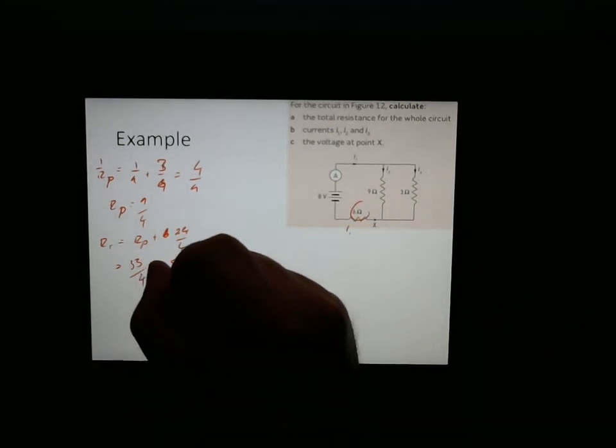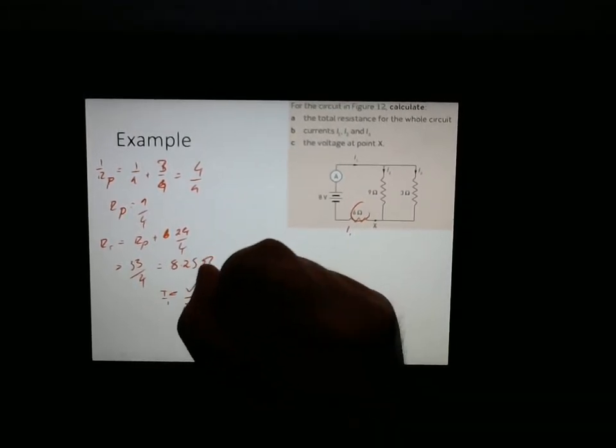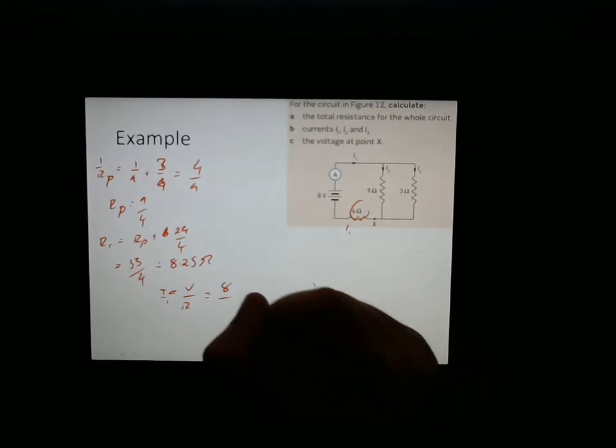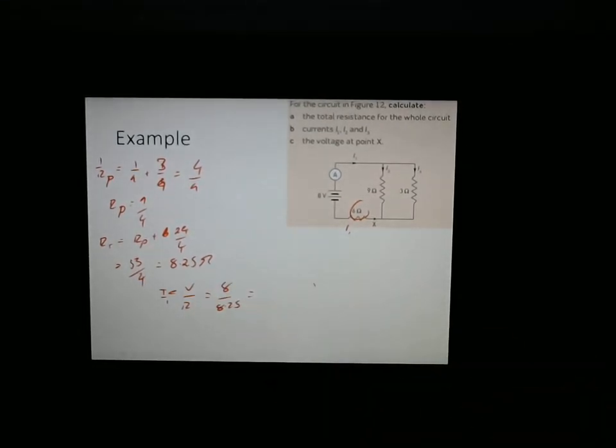So current equals voltage over R, current 1 equals 8 over 8.25. So that's going to be a bit under 8 divided by 8.25. Ugh, repeating decimal. That's why I don't like using it.